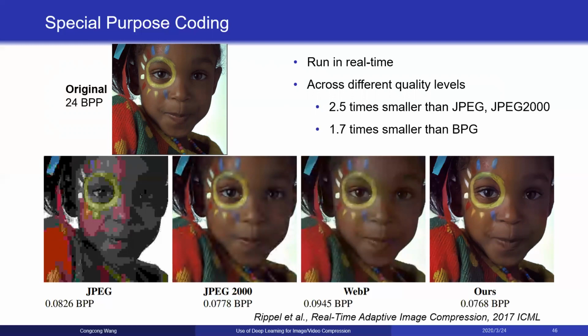For example, for the little girl here, the original image size is 24 bpp, and after compression it's almost 250 times compressed. This is the result obtained by this GAN-based method. We can see the output is visually pleasant. And for the same quality level, it is 2.5 times smaller compared to JPEG and JPEG 2000, and 1.7 times smaller than BPG.